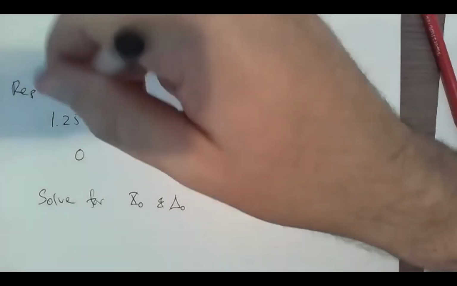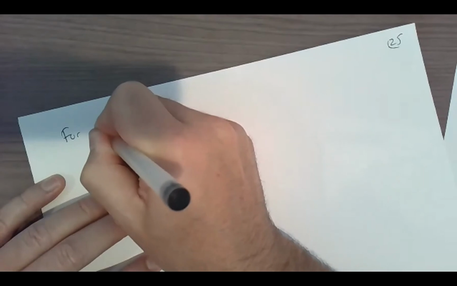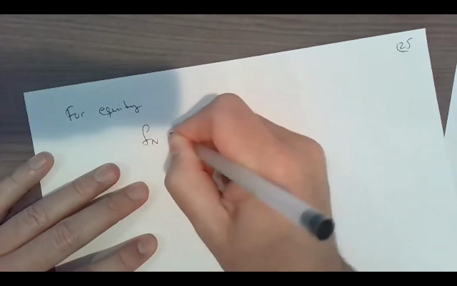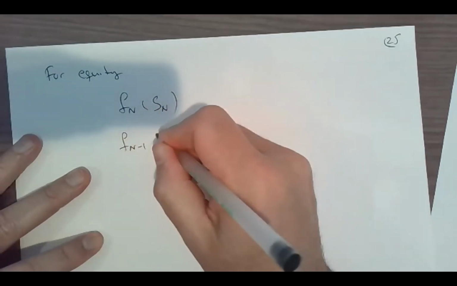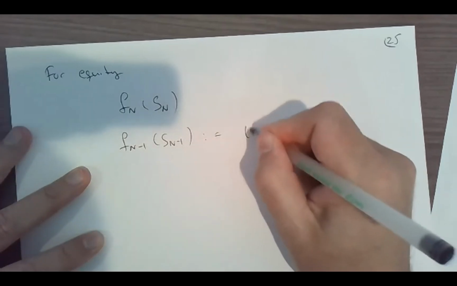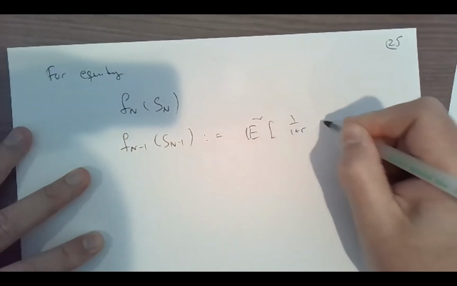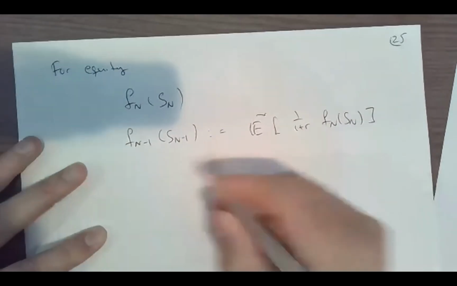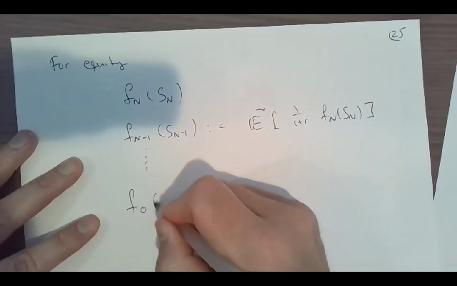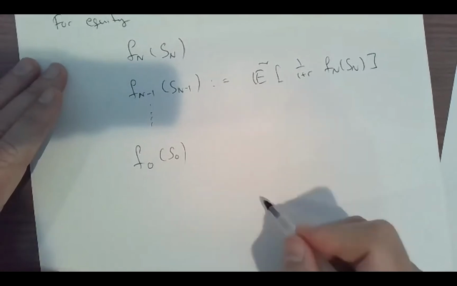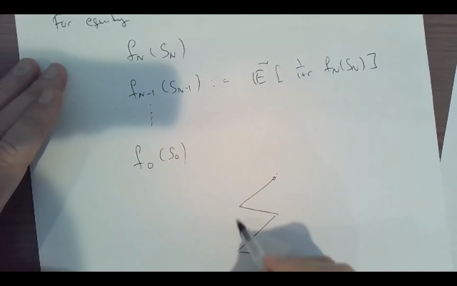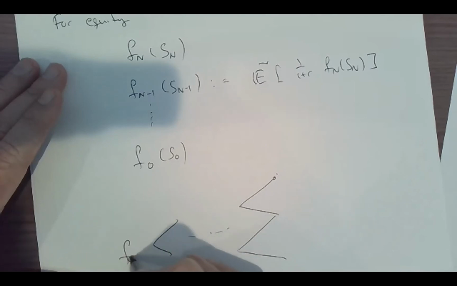Right? We will compute all the prices. For equity, we would have Fn of Sn. That would be our starting point, and then we would form Fn minus 1 of Sn minus 1, and the way we would do that would be to compute the conditional expectation of 1 over 1 plus Rn times Fn of Sn. And so we would compute all these all the way down to F0 of S0. So that gave us this Fn of S0.